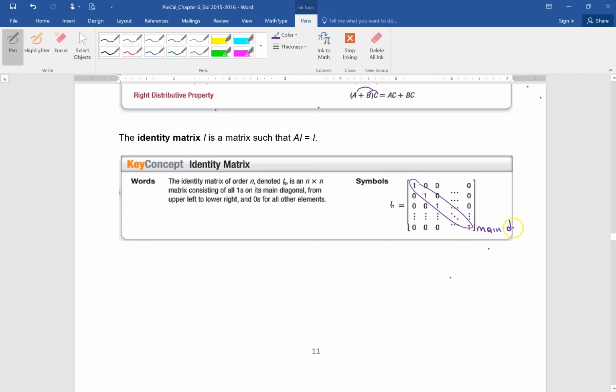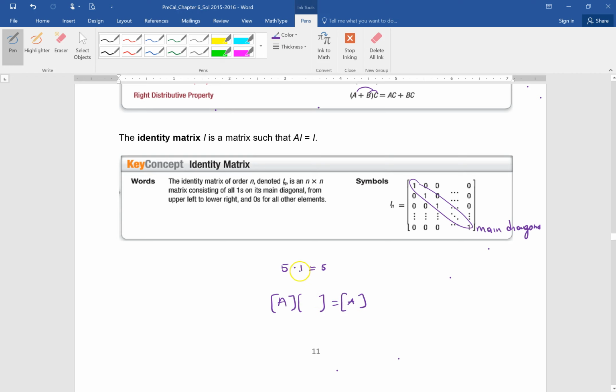All right, now, suppose you have the number 5. What can you multiply 5 by in order to get 5 back? 1. If you have a matrix A, there is an analogous entity that if you multiply it by matrix A, you get the same thing back.